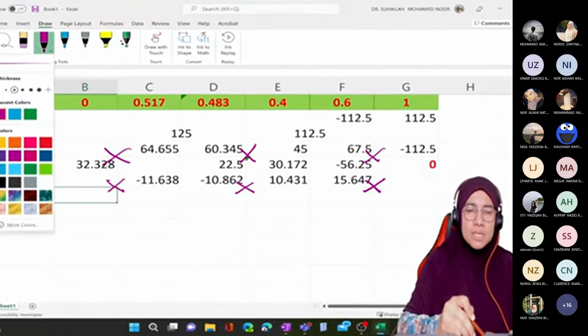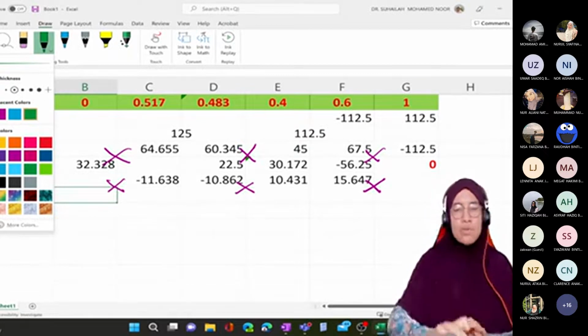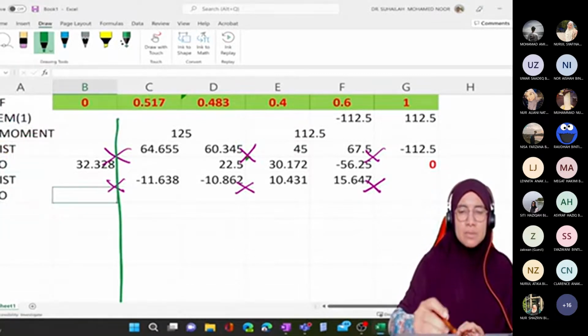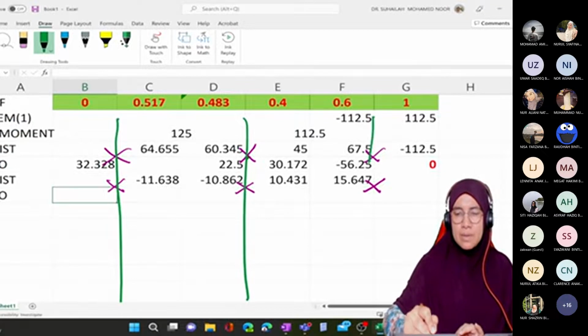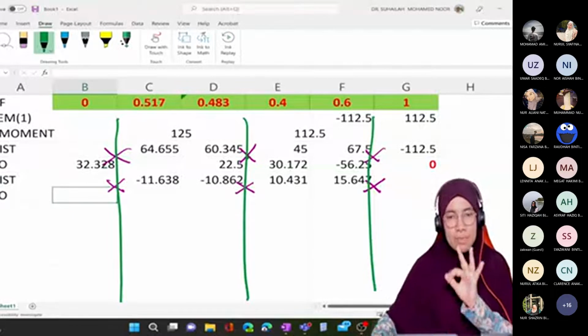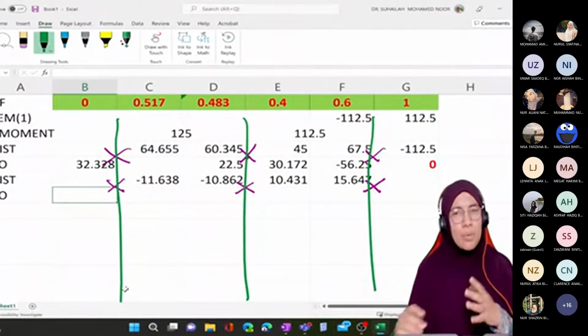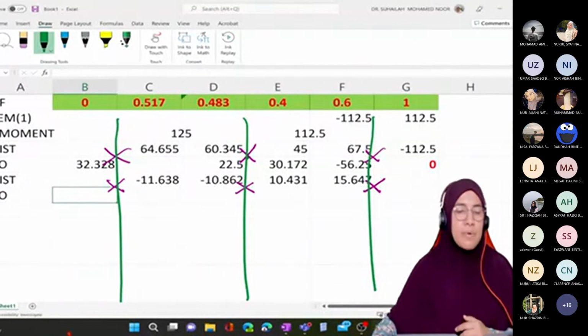Okay, boundary. Here is the boundary between A and B, the boundary between B and C, and the boundary between C and D. There are 3 boundaries. So when we carry over, we cross the boundary.